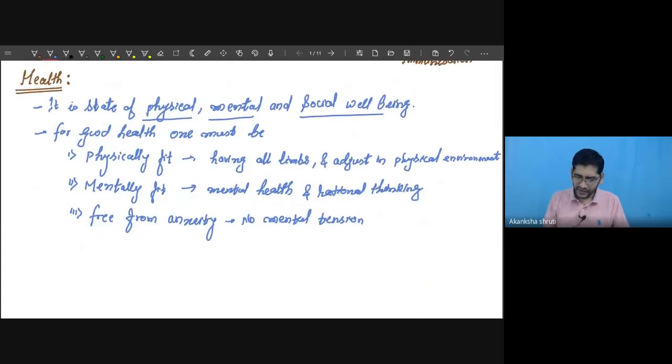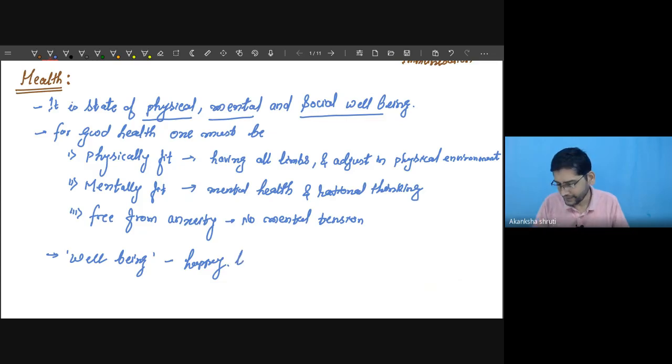Now ease means physical well-being. So health simply means well-being. When you are in well-being, you will be happy, or have a happy life, a comfortable life, means life is easy.